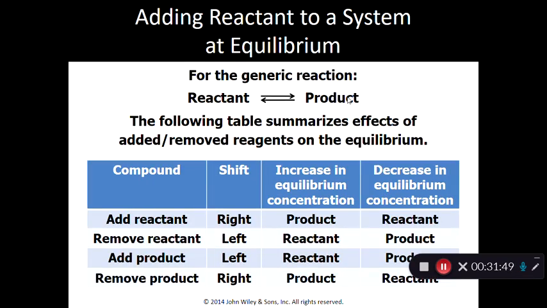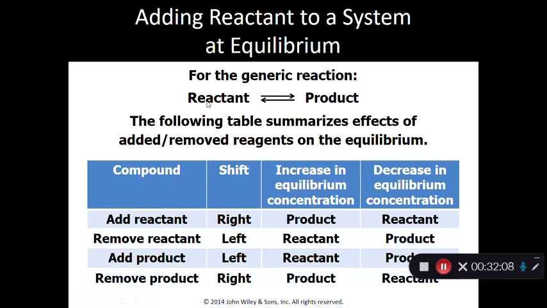If we summarize based on the systems we reviewed in our class, we say it like this. If I add reactant, the system shifts to the right and produces product, and it is going to reduce reactant.